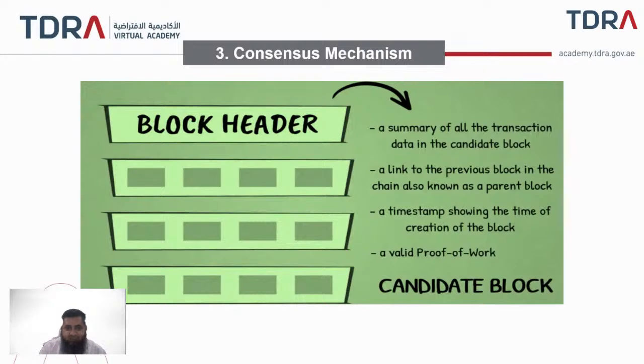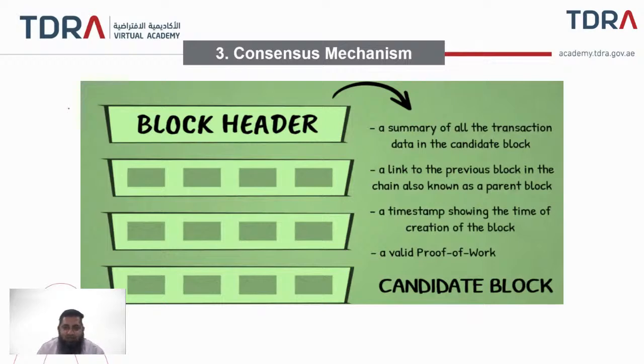So here is the detail about the block header. A summary of all the transaction data in the candidate block, a link to the previous block in the chain, also known as the parent block, the timestamp showing the time of creation of the block, and also a valid proof of work.